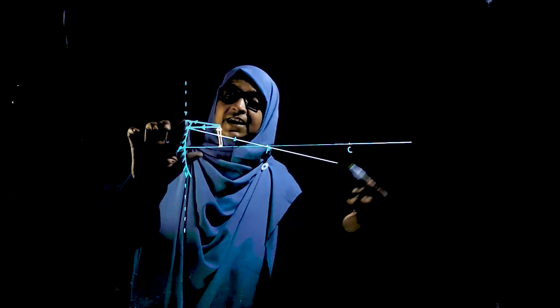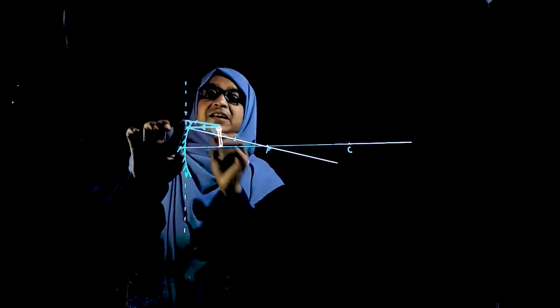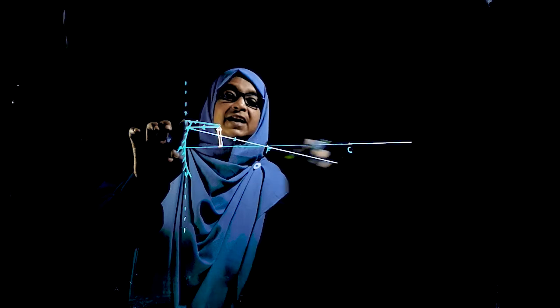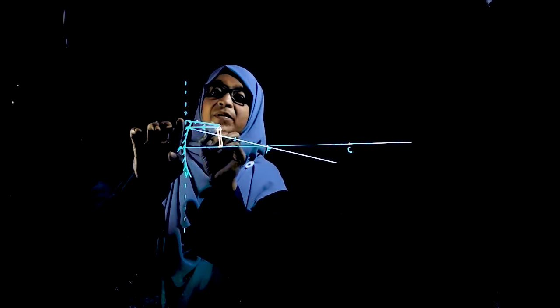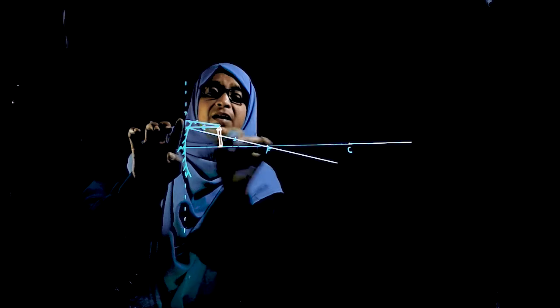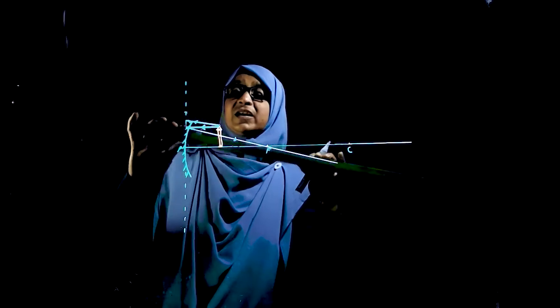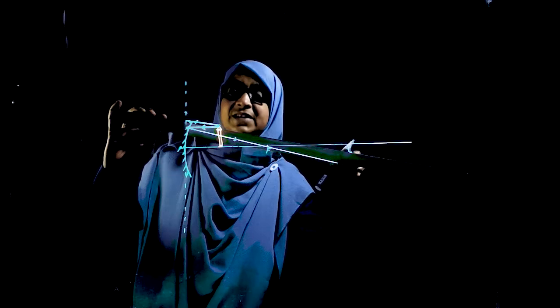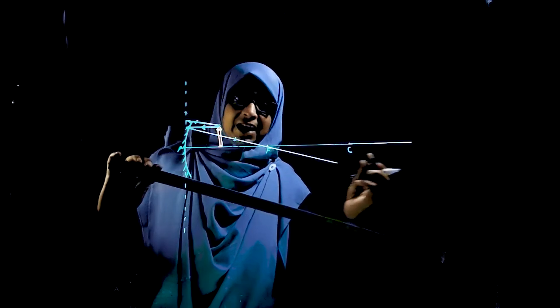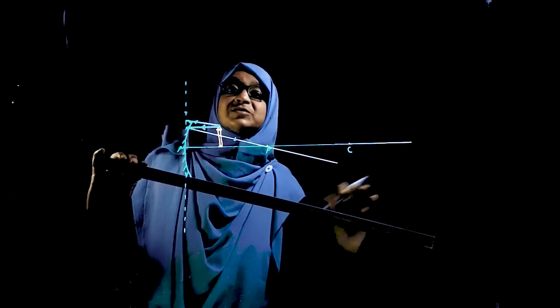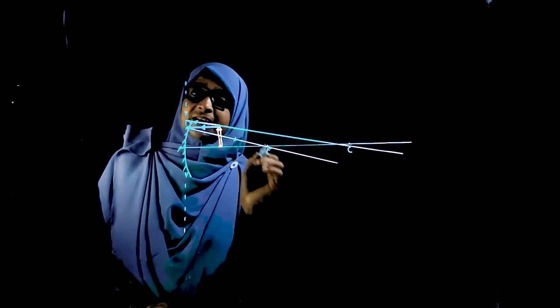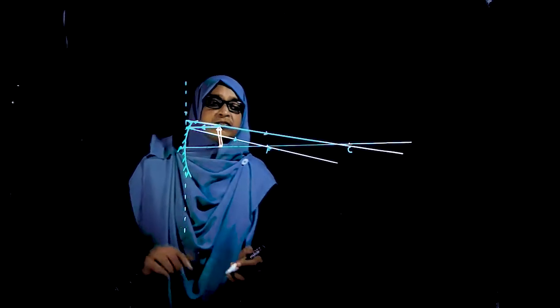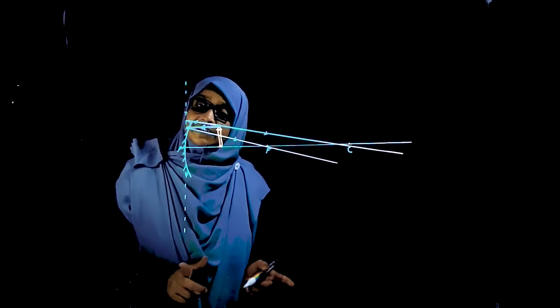This is a ray from the C. It reflects back and passes through the same path. So it passed through the C. It came from C, passed through C. Second reflecting ray.